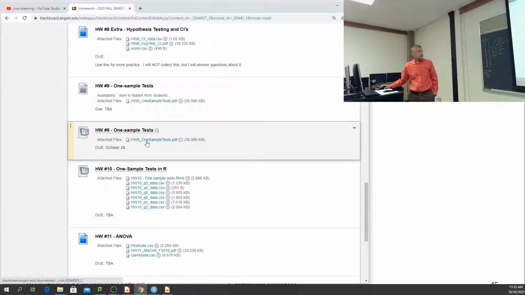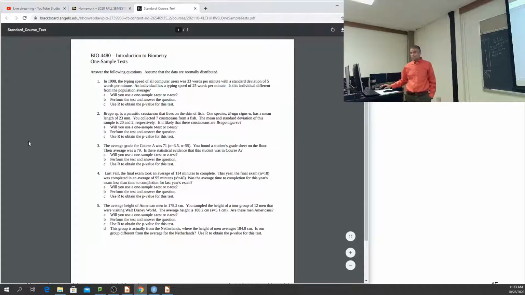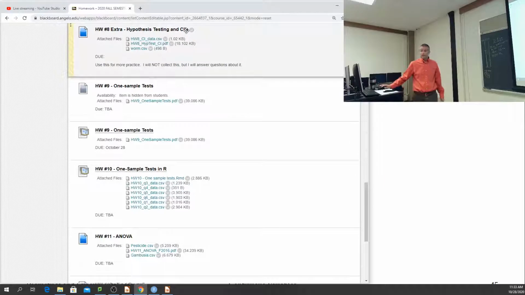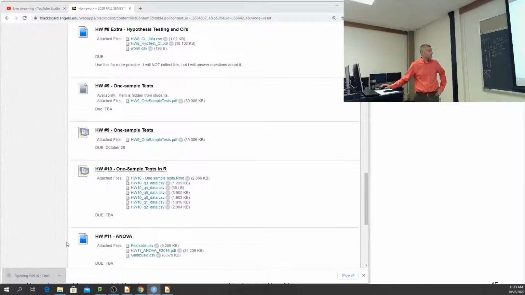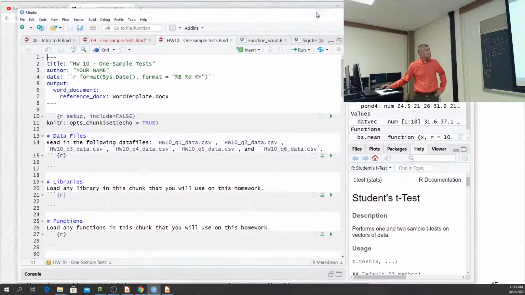The one sample test, that's what we did today, is due later today. No one had a question over it. That gives you time to practice using pt and pnorm again, calculate a p-value, and then we have one sample test in R. I have an R file and a series of CSV files, 6 of them. Open that. Here it is, one sample test in R.